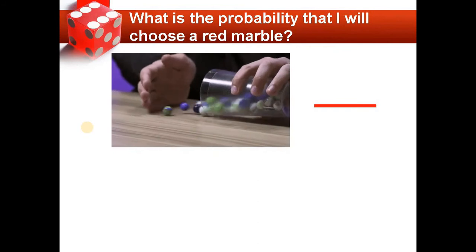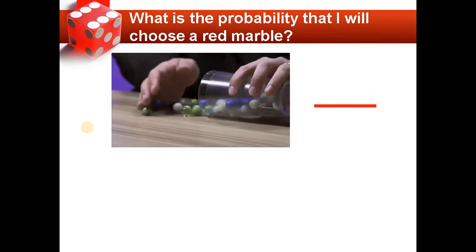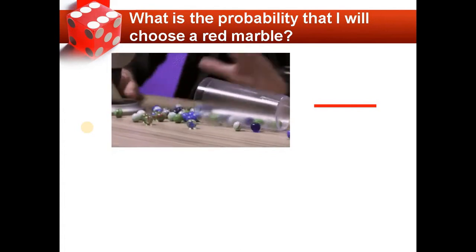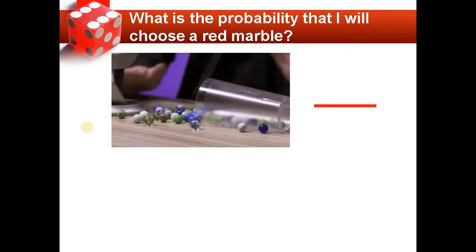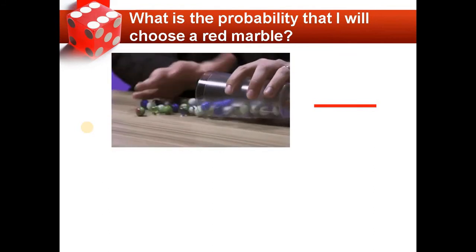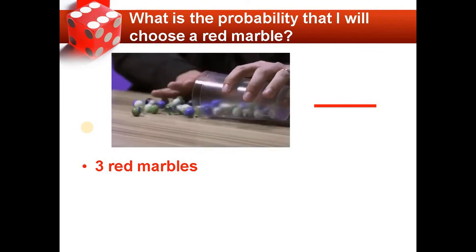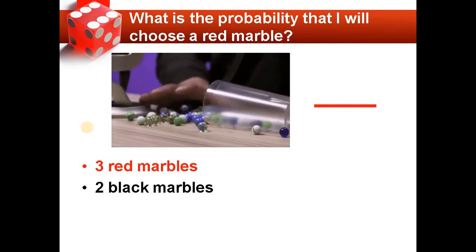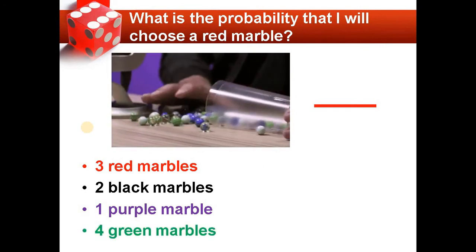So let's try an example. What is the probability that I will choose a red marble? Let's say the marbles inside are 3 red marbles, 2 black marbles, 1 purple marble, and 4 green marbles.